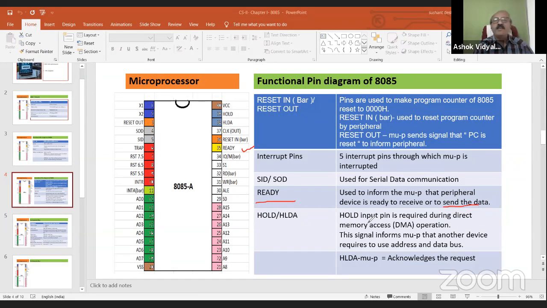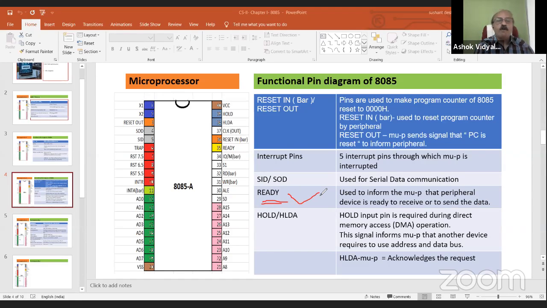So when the peripheral wants to take data or to send data, before that, this pin informs the microprocessor that a particular peripheral device is ready to receive or send the data. For that, the ready pin is used.